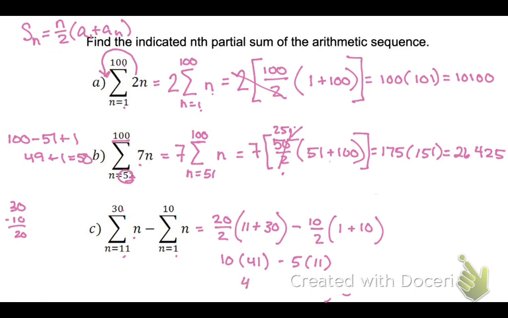So 410 minus 55. So 355? Maybe? 265. Nope. 355. Because you got to borrow. You didn't borrow. Oh, yeah. When you borrow, it turns to 10.